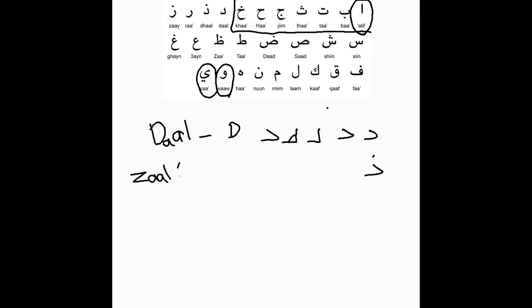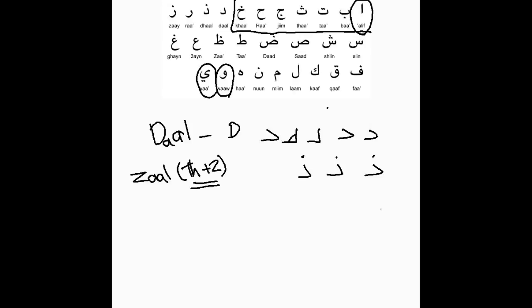It's more of TH plus Z, and it has this sound that comes from the tip of your tongue, Dhal, pronounced like th and z, the. And it's just like a corner, an angle, and then a dot at the top.